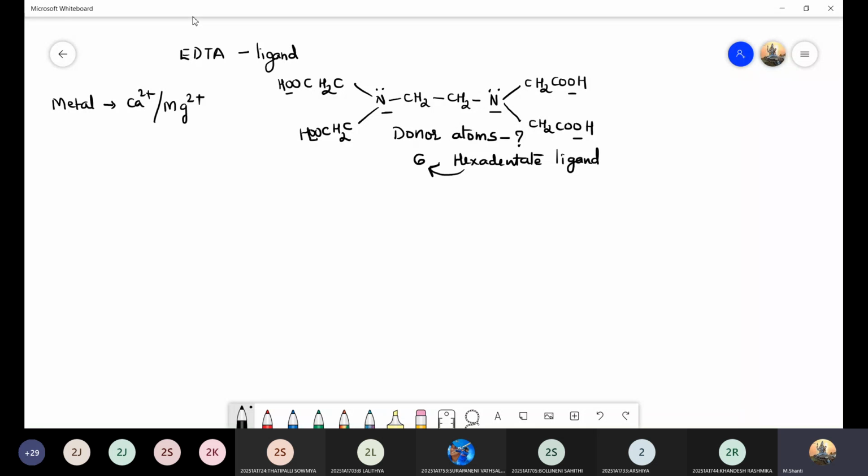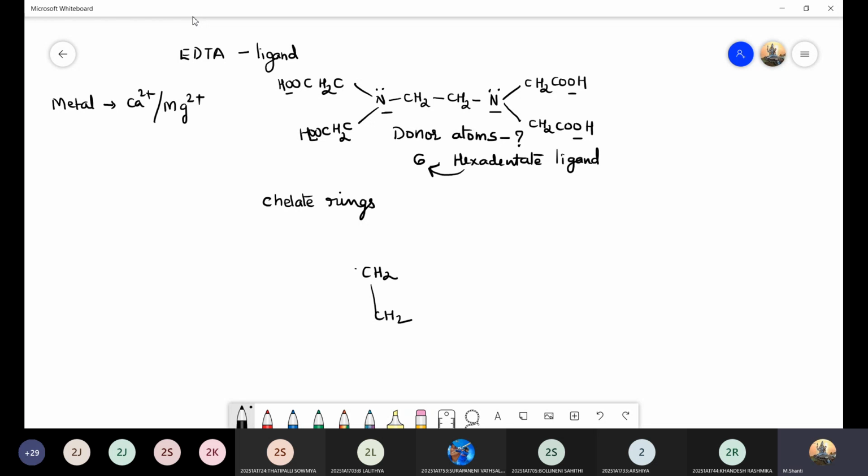I'll draw a structure here, and this is something looking like a pincer claw-like structure. The rings that you get are called chelate rings. So here the calcium or magnesium ion will be surrounded by all the 6 donor atoms.